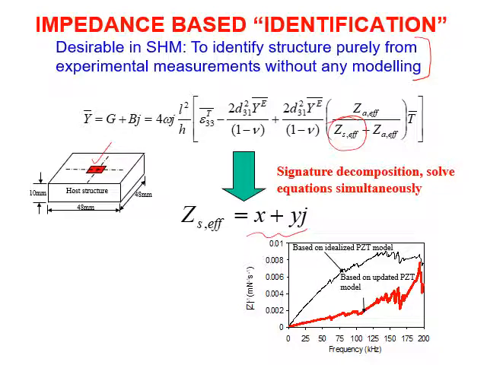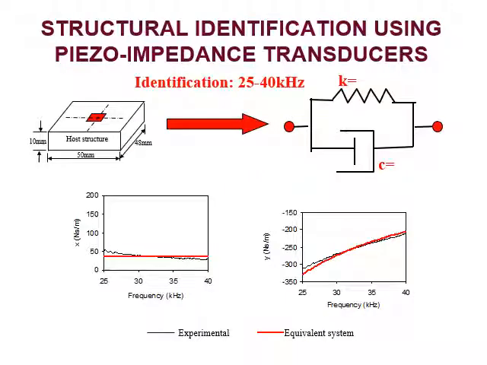We find that if we use the model of the PIEZO patch without updating we get some plot, but if we use the updated model we get different plots. So there is a lot of difference between them, and that's why we should update the model of the PIEZO patch before using it.